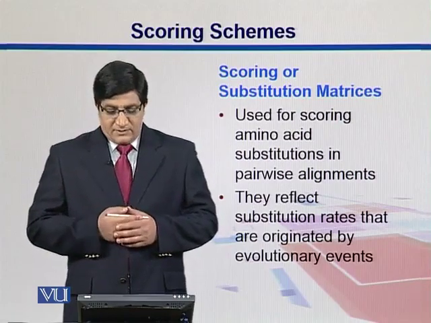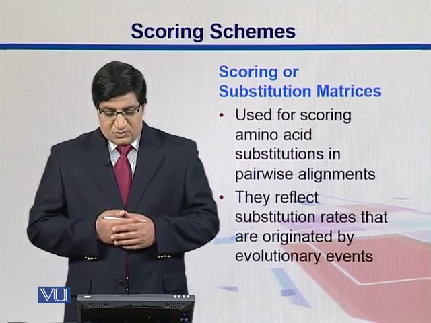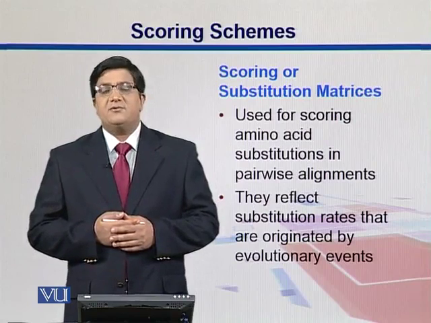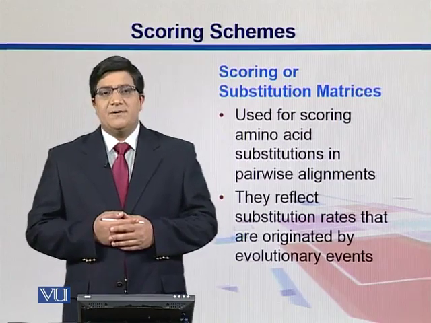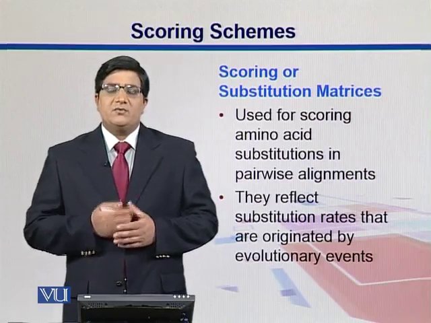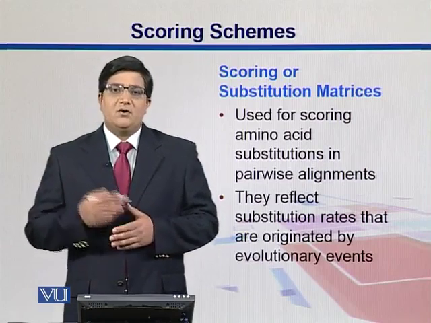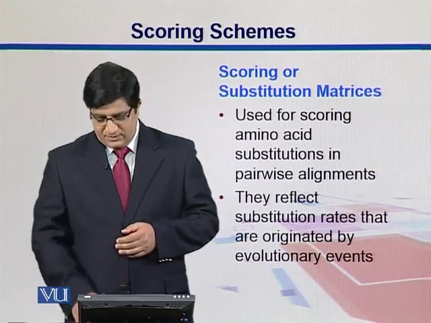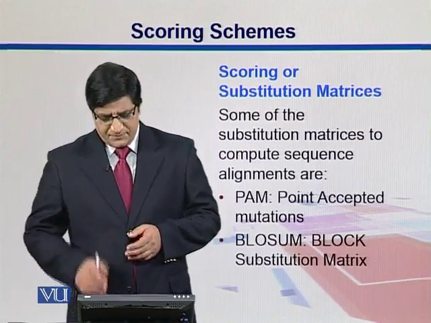We call them substitution matrices. They reflect substitution rates that originated from evolutionary events. They look into evolutionary relationships and how often or how rarely those substitutions occur. In this way these matrices are built.